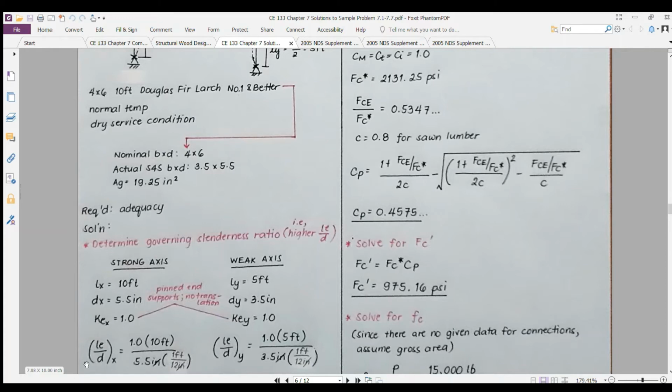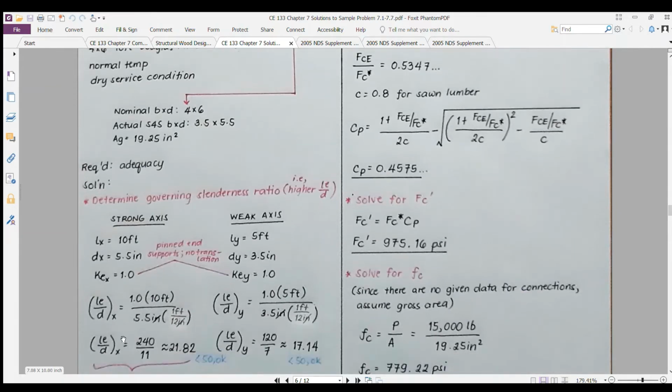So to determine the slenderness ratio along the x-axis, l sub e over d is equal to K sub e x multiplied by L sub x over d sub x. We have a value of 21.82. Meanwhile, for the weak axis, we multiply K sub e y by L sub y over d sub y.